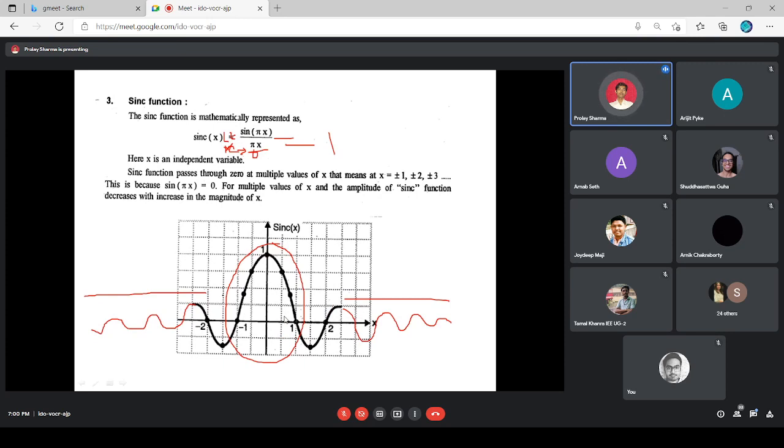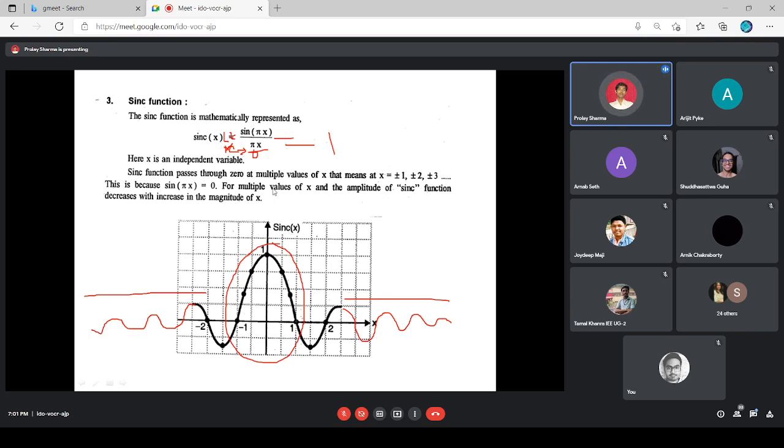Sinc function is basically a very important function. You will see later, to implement different kind of filters and all these things, we need sinc function. So sinc function mathematical expression is basically sin x by x.